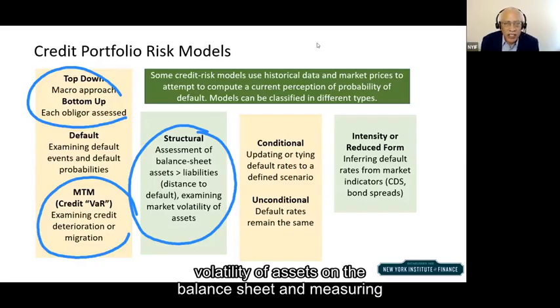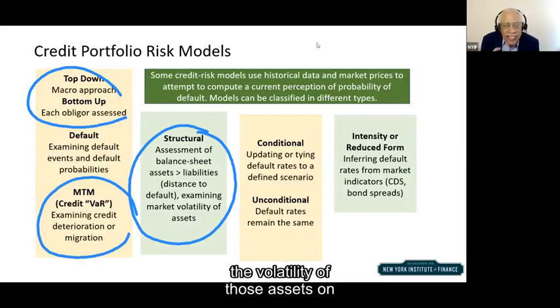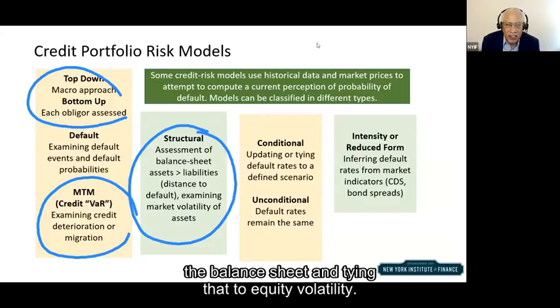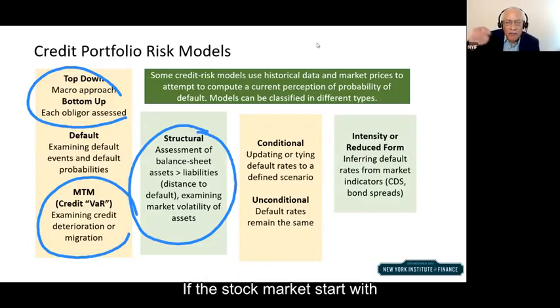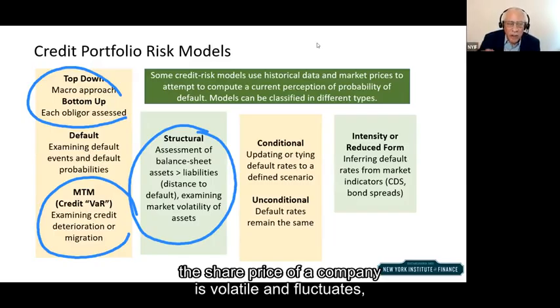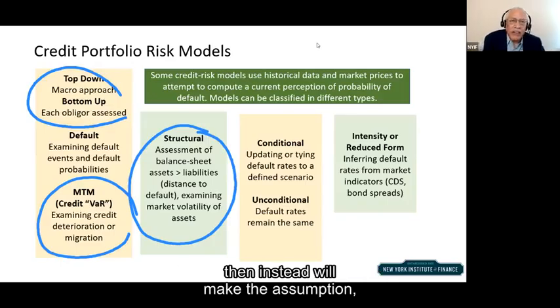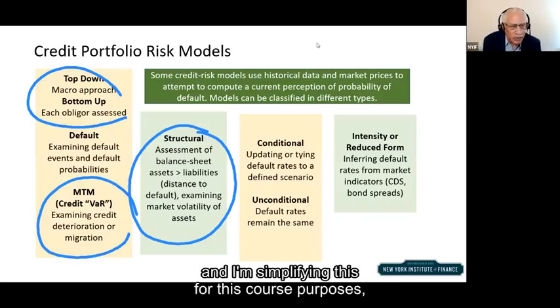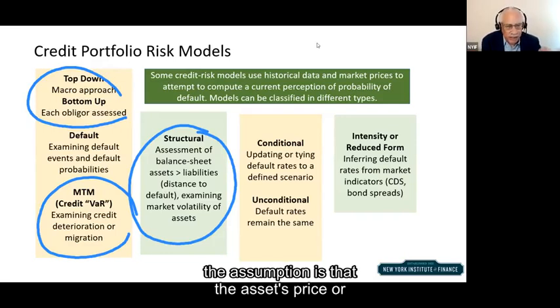So that's looking at assets and liabilities on the balance sheet and measuring the volatility of those assets on the balance sheet and tying that to equity volatility. If the share price of a company is volatile and fluctuates, then we'll make the assumption, and I'm simplifying this for this course's purposes, that the values of the assets on the balance sheet are volatile.